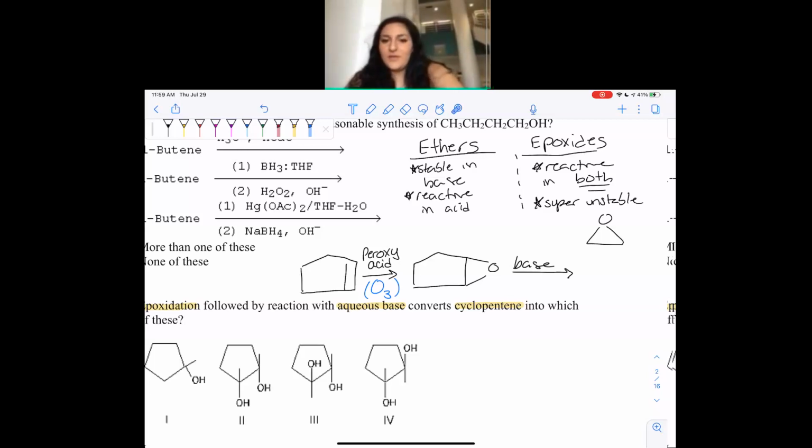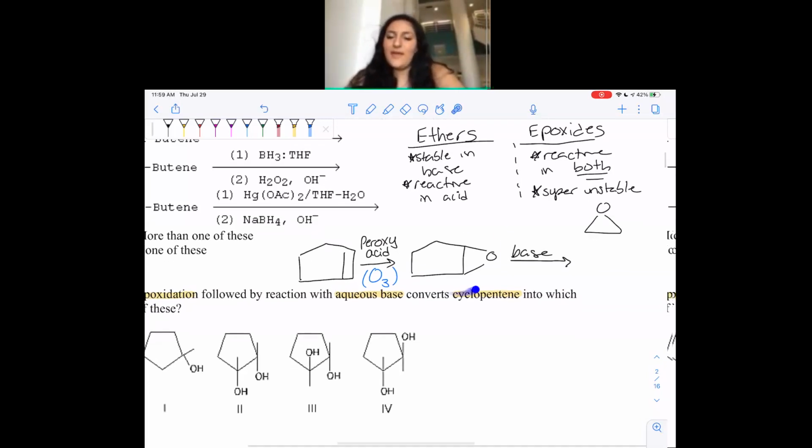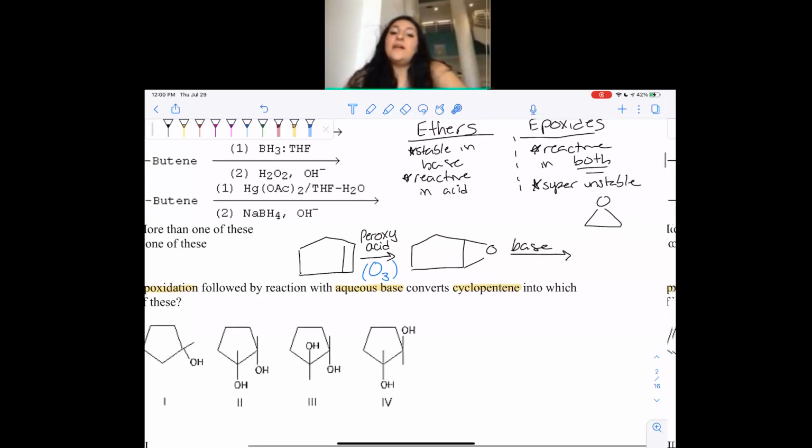All right, so in this example, does it matter which side we attack? No, because these two sides are exactly the same. What does matter is which side these groups end up on.